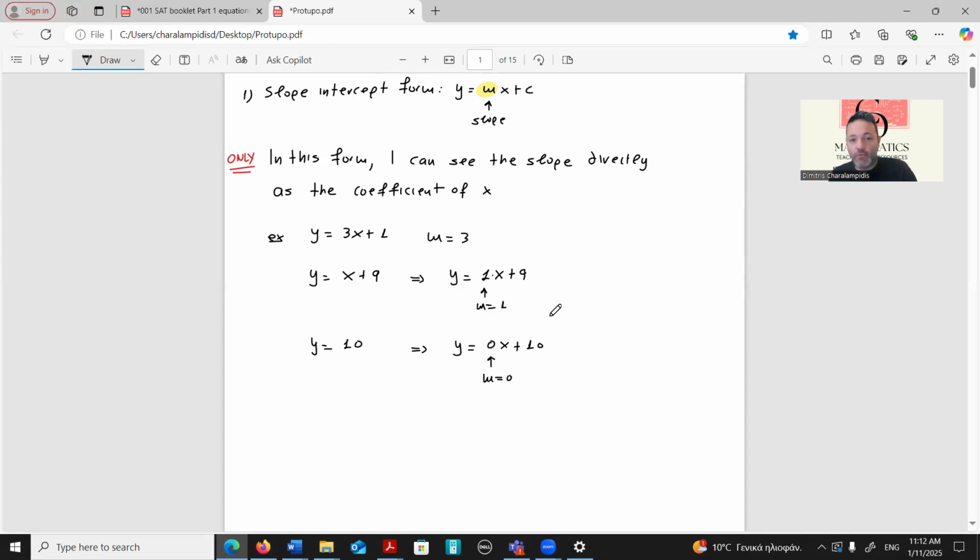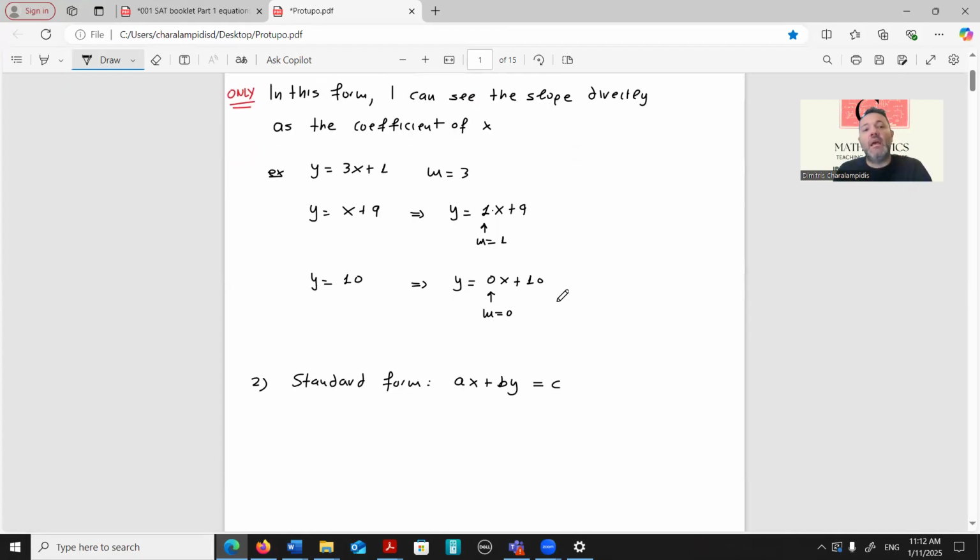Only in that form, it should be the coefficient of x. Another form was the standard form. The standard form was the form ax plus by equals c. In this form, I cannot see the slope directly.